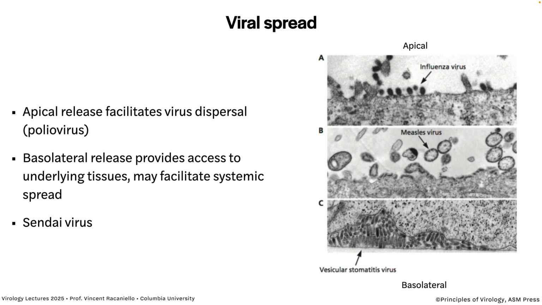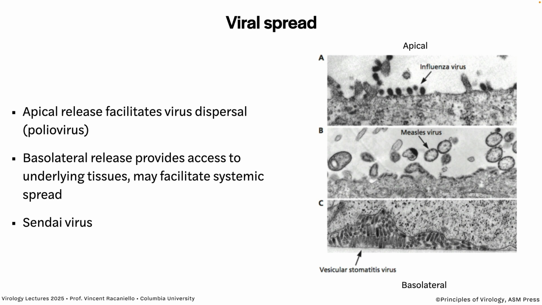Sendai virus is a virus of mice, which we use to study because it's a convenient model. And the wild-type virus, when you inoculate it into the upper respiratory tract of the mouse, they get a localized infection and they're fine, they recover. That wild-type virus buds apically from the respiratory tract cells.